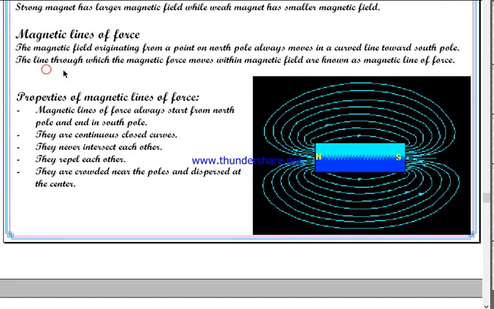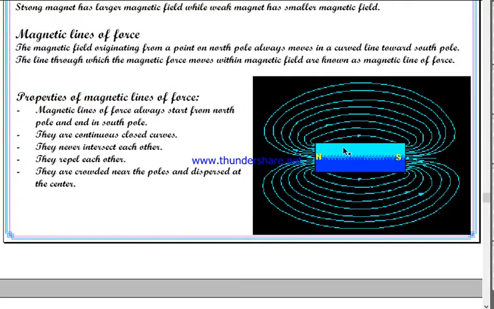The line through which the magnetic force moves within a magnetic field is known as the magnetic line of force. Any confusion? Know that outside the magnetic field there won't be any magnetic line of force.